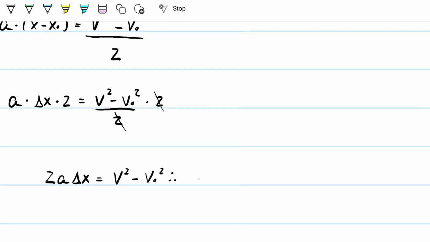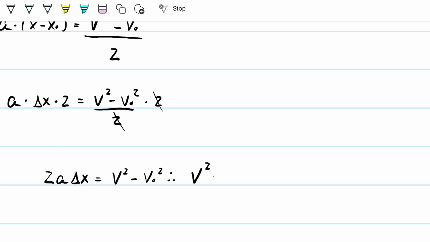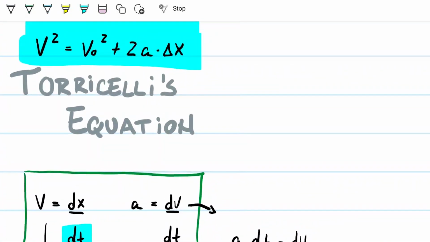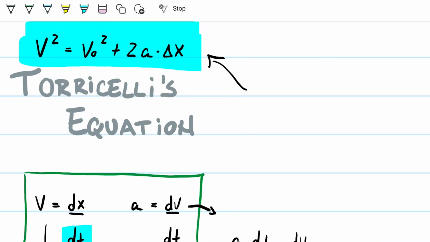And therefore, if I solve this for velocity, I'm going to have v squared equals v naught squared plus 2 times the acceleration times my delta x, which hopefully matches perfectly with our proposition at the start.